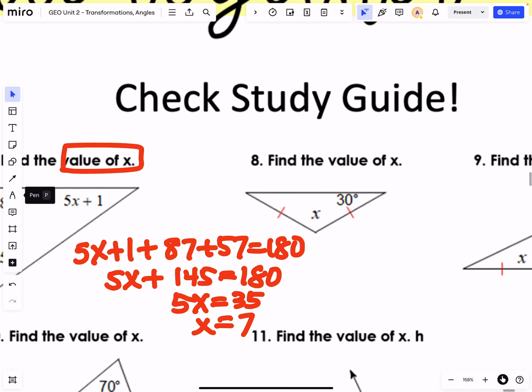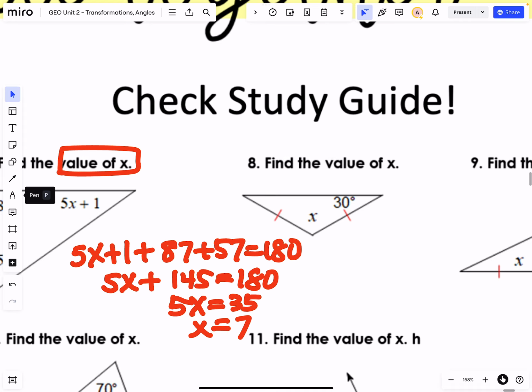For number 8, find the value of x, but we're given these two sides are congruent. That means that the angles opposite them are also congruent. So these two angles are congruent, and congruent means the same measure. So if this one is 30, this one is also 30.